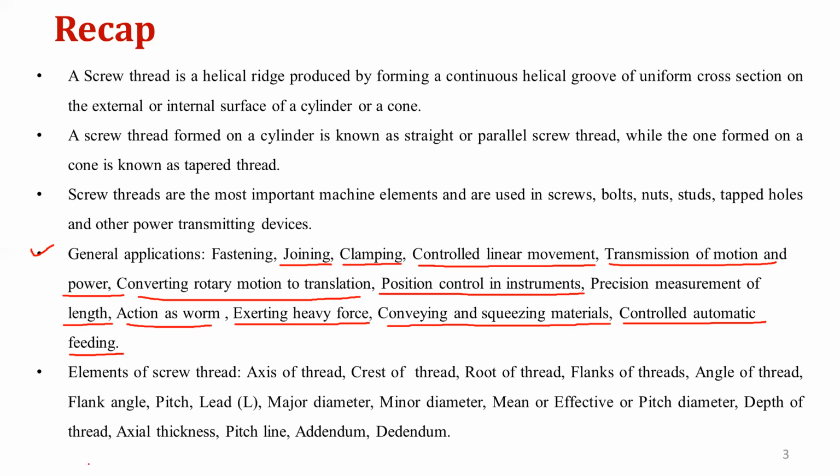And also we discussed that screw threads are made by thread machining processes like turning, milling, grinding, and tapping, by which we can produce threads on cylindrical workpieces. And there is another method called thread rolling, which is also used for producing threads on cylindrical or conical workpieces.